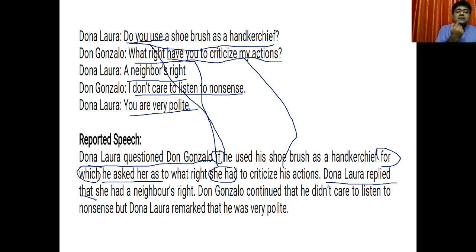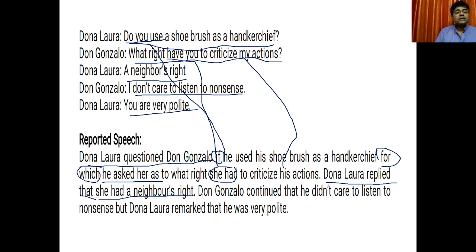It means I have a neighbor's right. So it is changed into "she had a neighbor's right". This is what I meant by the complete sense. When we speak, we always speak in tidbits, in phrases. But when we write, we have to write in sentences. So indirect speech is a complete sentence format.